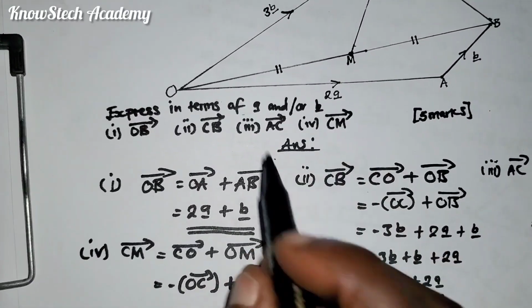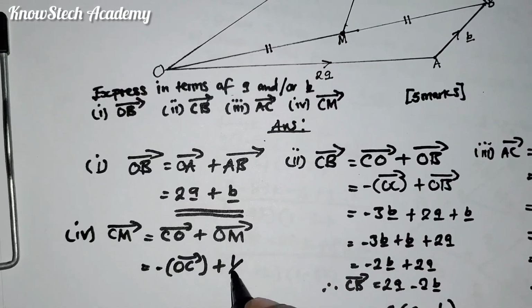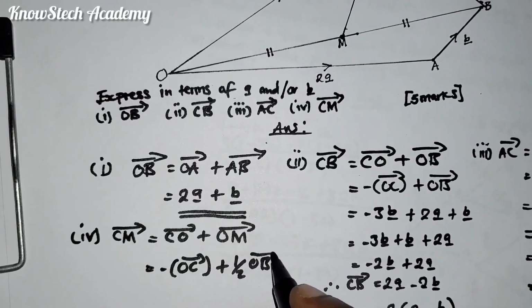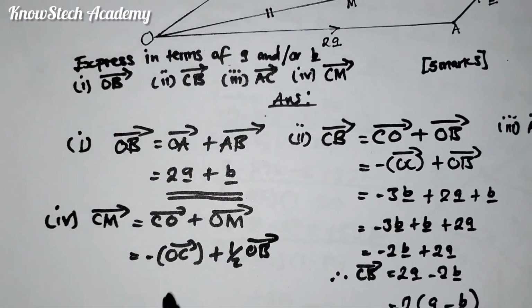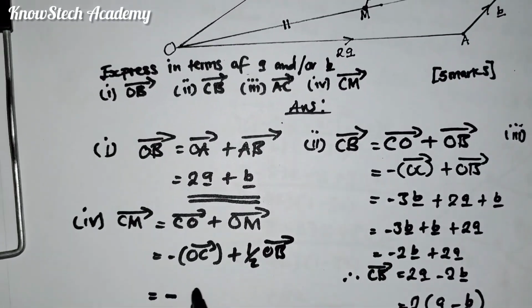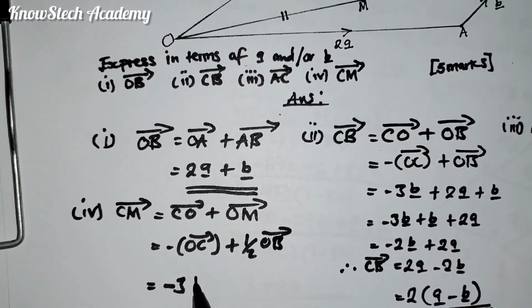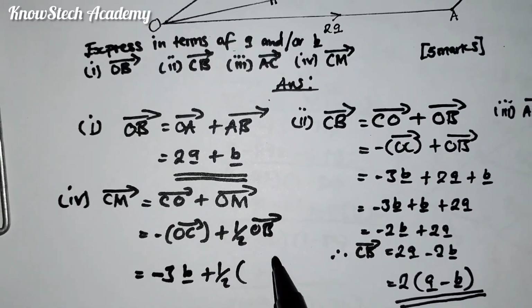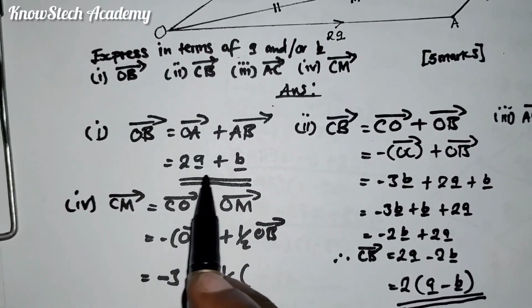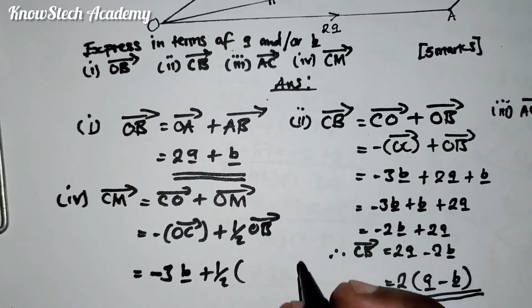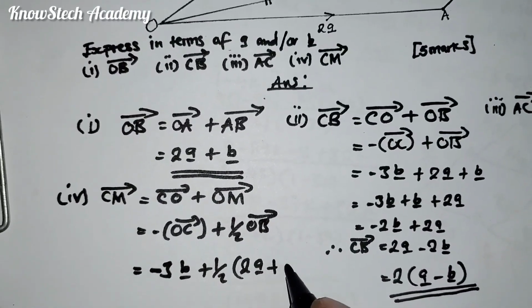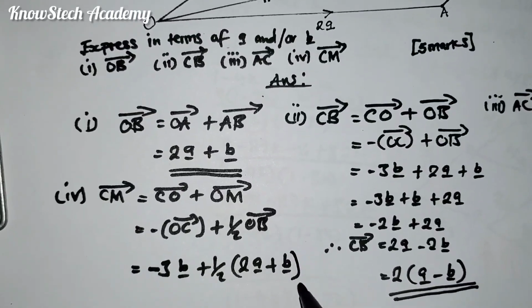M is the midpoint of OB, so it will be half of OB. So here it will be negative 3 vector B plus half of OB. OB is the first answer we calculated in the first question, which is 2 vector A plus vector B, like this.